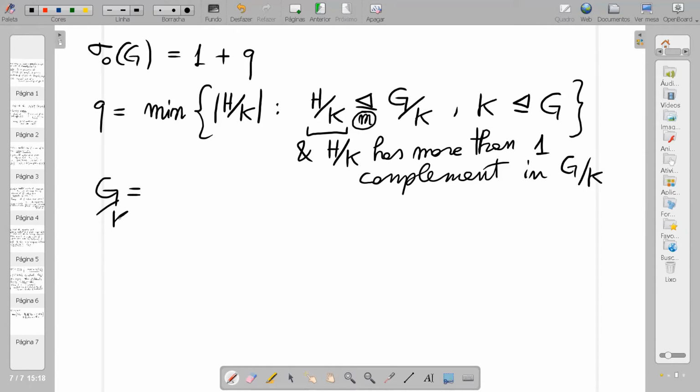What I mean is that inside the quotient, H modulo K has a complement, something like T modulo K. So it's a semi-direct product. This is what having a complement means.